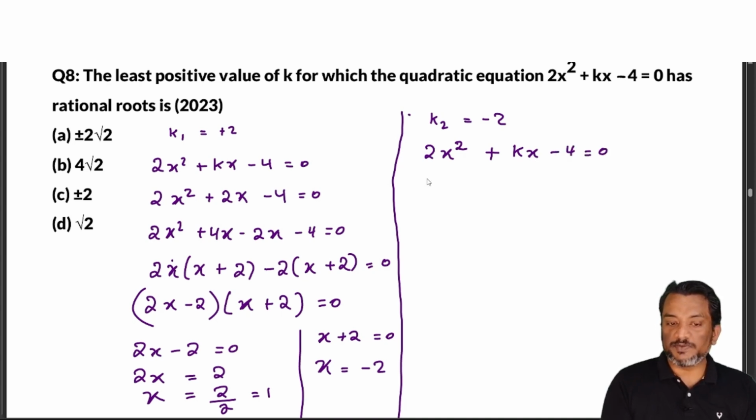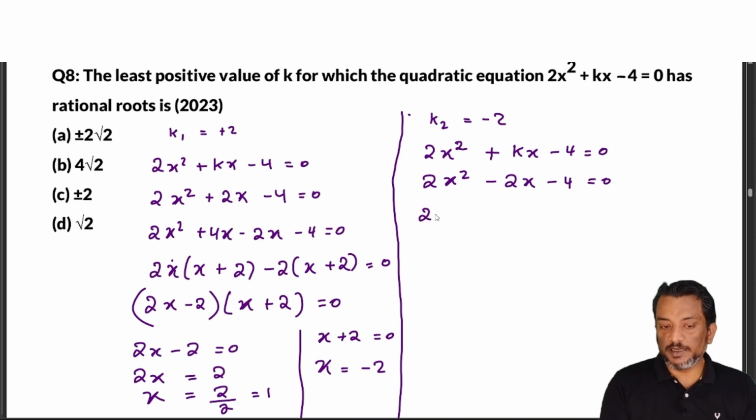So again you can substitute. So you will get 2x square minus 2x minus 4 is equal to 0, which means you can again split the middle term. So splitting the middle term, that is minus 2x, you can say 2x square minus 4x plus 2x minus 4 is equal to 0.